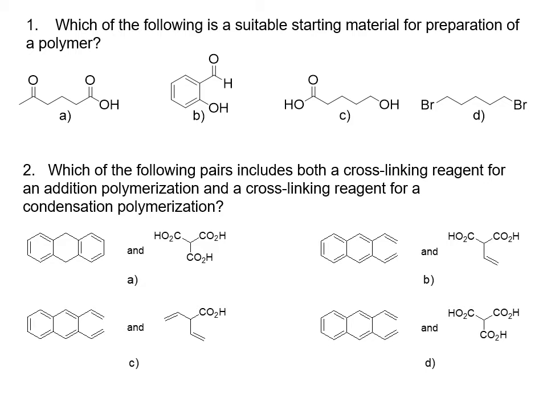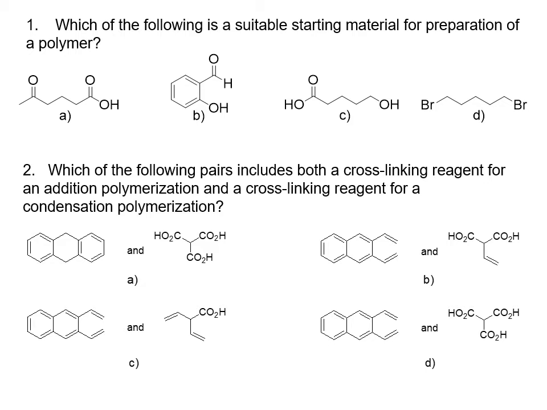D could conceivably form a polymer, but not on its own, because it's dibromide. And of course, 2 carbon-bromine bonds cannot react with each other from 2 molecules of 1,5-dibromopentane. They cannot couple with each other to form a polymer.